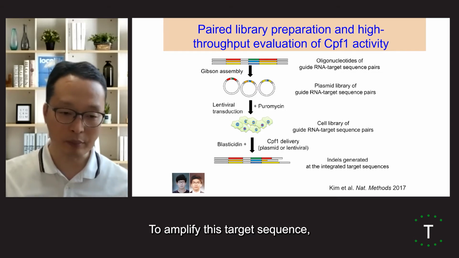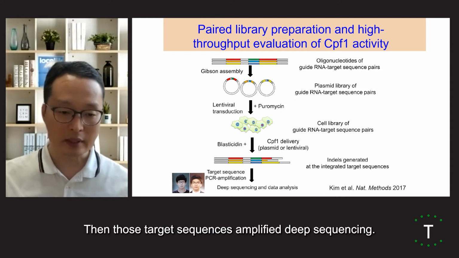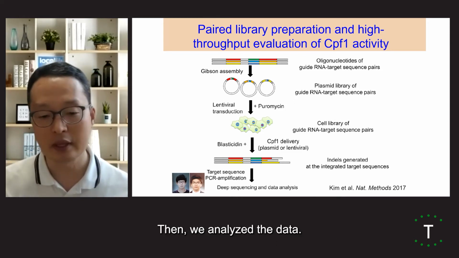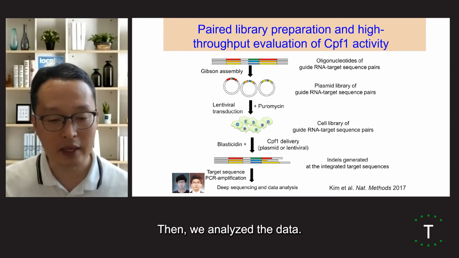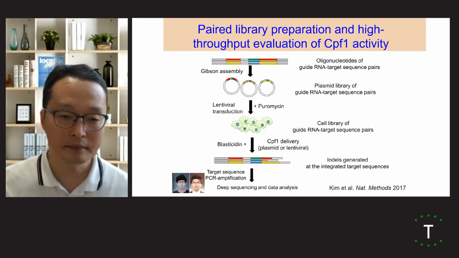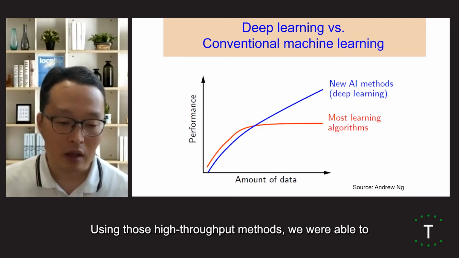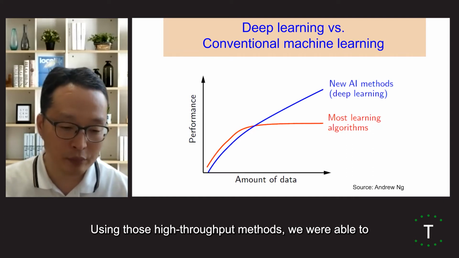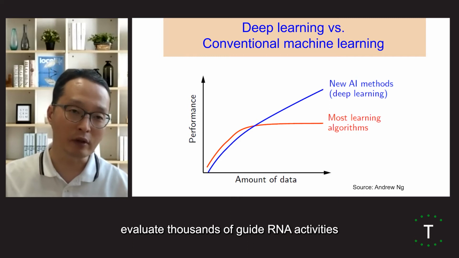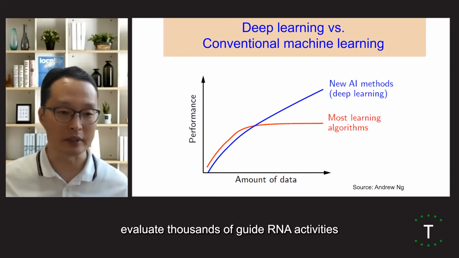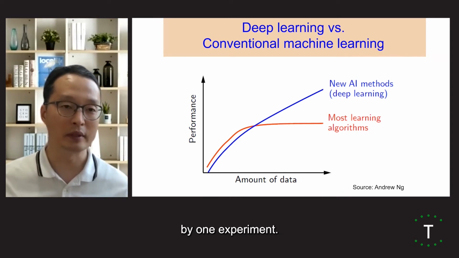Then to amplify this target sequence, we use a common pair of primers. Then those target sequences are subjected to deep sequencing. Then we analyze the data. Using this high throughput method, we will evaluate thousands of guide activities by one experiment.